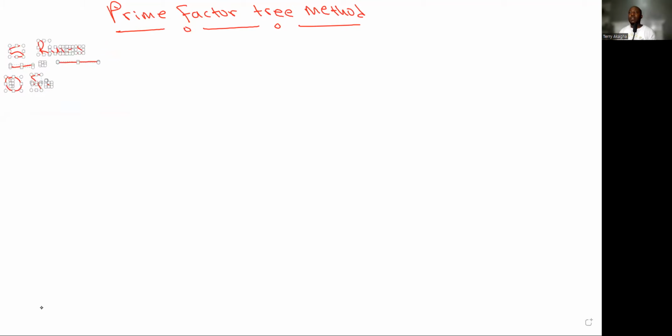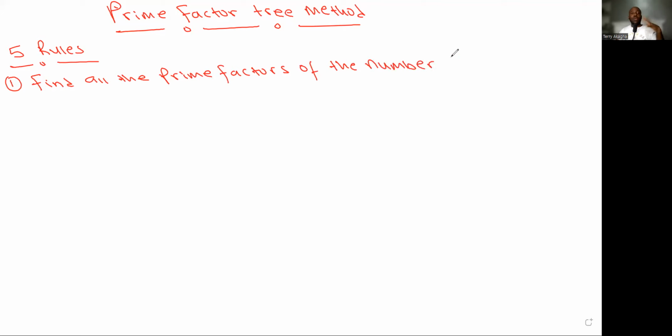The first thing you have to do is find all the prime factors of the number under the square root sign by drawing the tree. I'm going to show you how to do this.